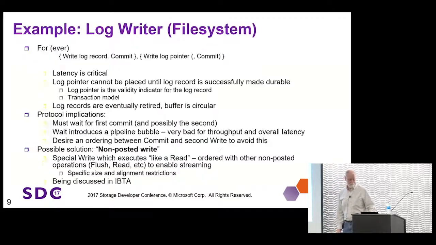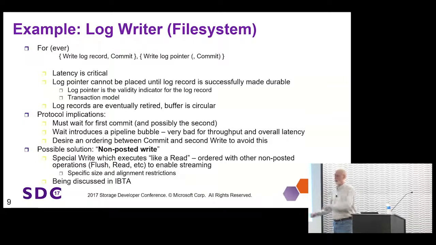My opinion. So here's a log writer example. The way log writers work, you're scribbling to a drive and you make a log record to record what you've scribbled. And you're going to drop these log records in, and every once in a while you're going to commit the log. You're going to say, all right, this is a clean point in the file system, and we're going to finish writing a bunch of little log records, and then we're going to update a pointer.